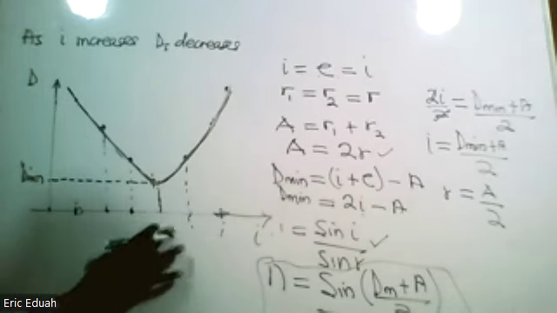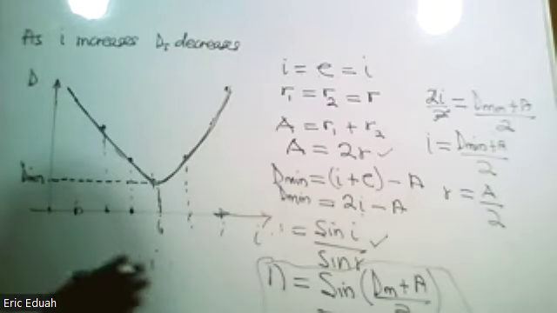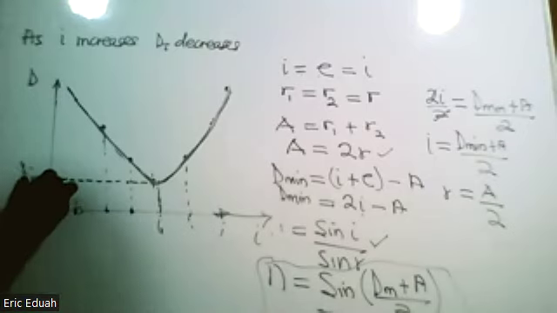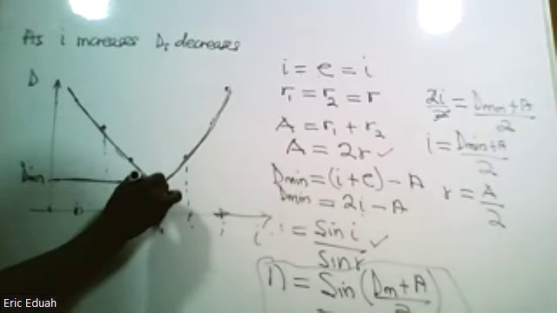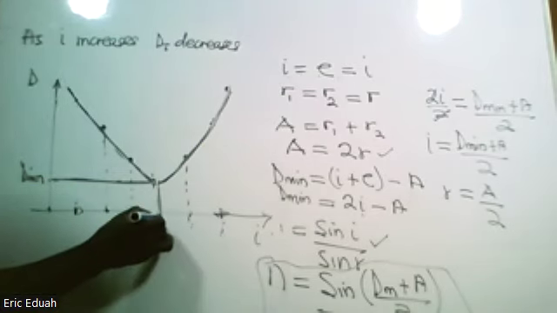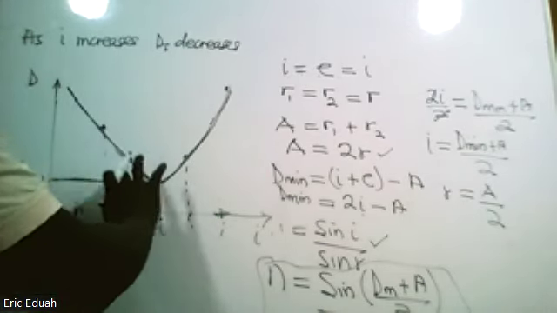So this is minimum deviation, whereas this is that angle of incidence which enables the ray to pass through the prism symmetrically.